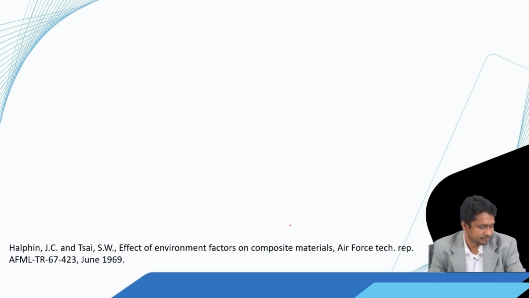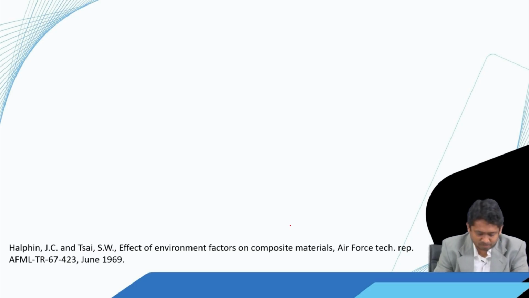Now, there are some numerical relations of E 2 with E m and E f that were given by Halpin and Tsai. Again, the interested learners can read this paper.